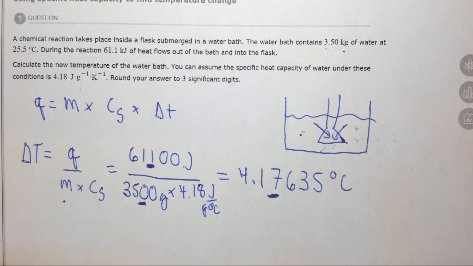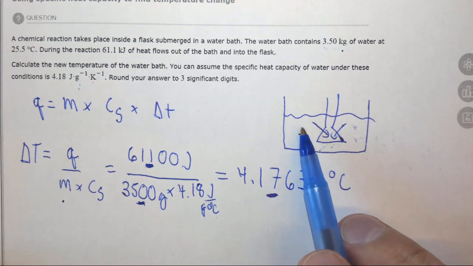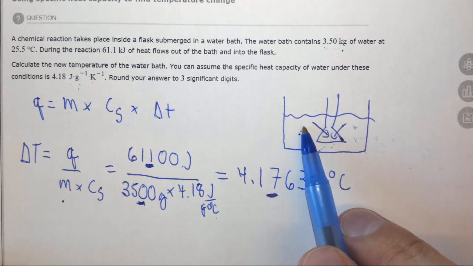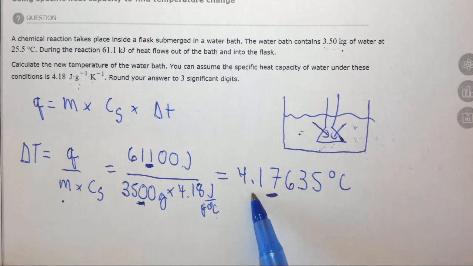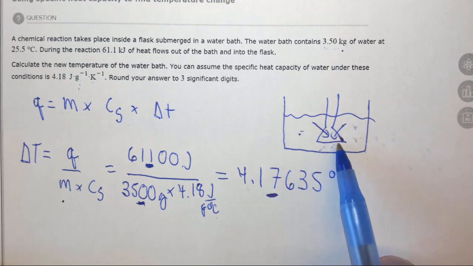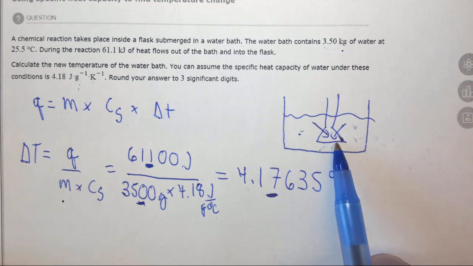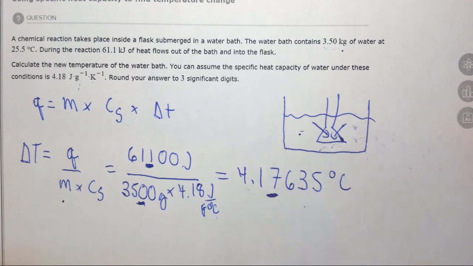Now I need to find the final temperature. Well, if this water started at 25.5 degrees and it went down, it had to decrease, right, because heat flowed out of the water bath and into the flask, so we have to subtract this.